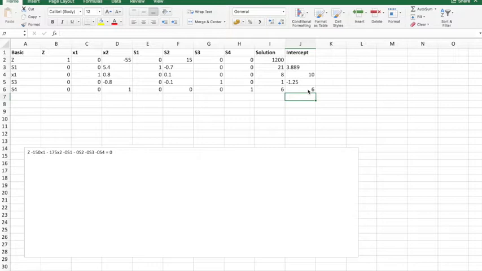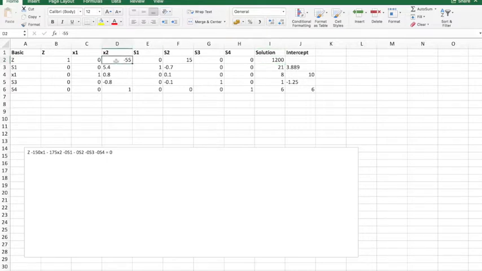Okay, so now we have our new basic feasible solution, and you can see that we've increased our objective function to 1,200. Okay, so we can now use this method again to move to our next, and in this case our final step, and that is only one more variable, x2, that has a negative value next to it.